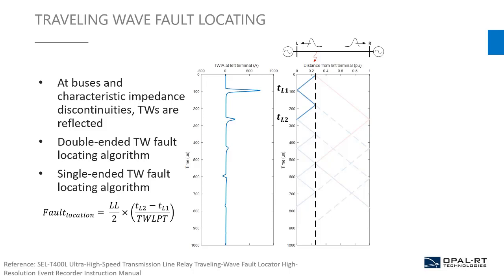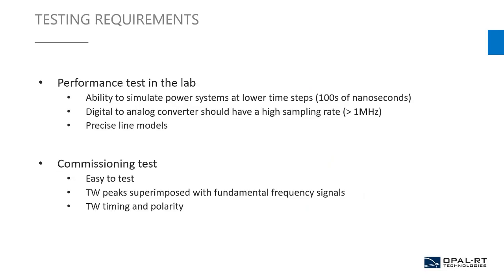This is more challenging since you could also have the reflection from behind the bus and also from the other end of the line, which may arrive earlier than the first reflection from the fault location. So this depends on where the fault is. At the same time, testing the single-ended algorithm is also more challenging. We need to provide very accurate and precise models to perform the test.